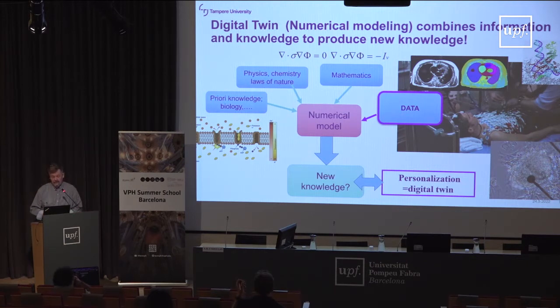And of course, traditionally this idea has been used for a long time. You have imaging data from clinicians that you can combine, and that is good, and you can make personalized models. And for making models, if you think about what data you need, many times you need geometry or morphology of things. You need material properties.